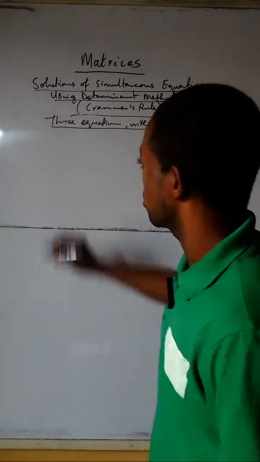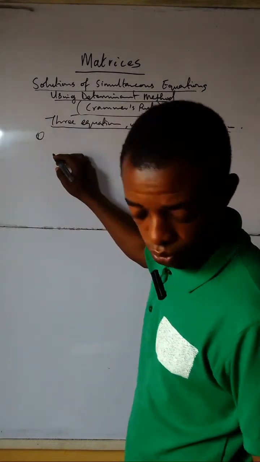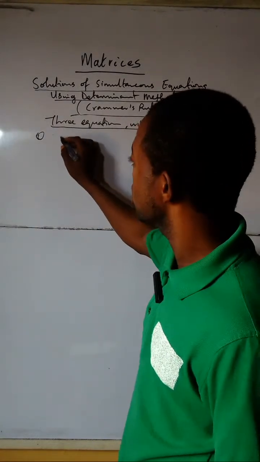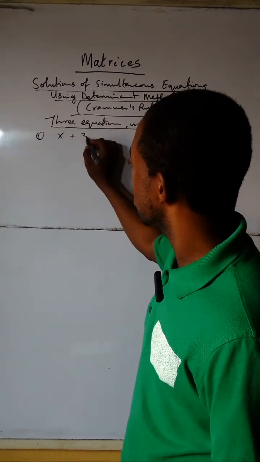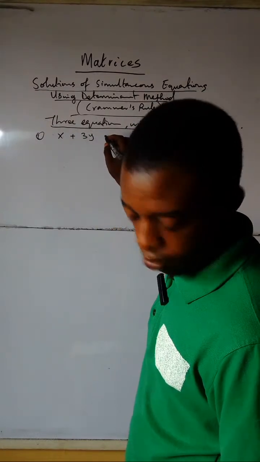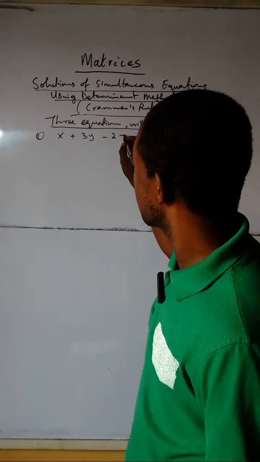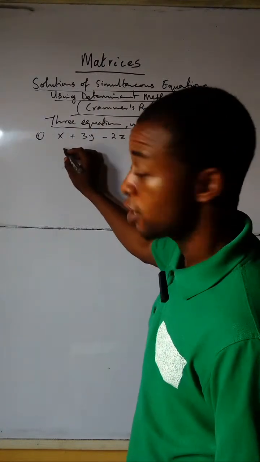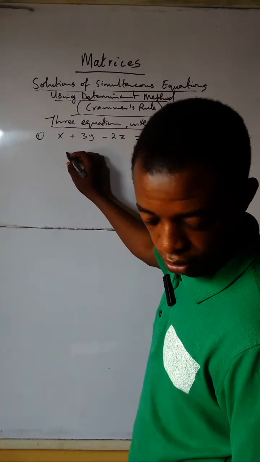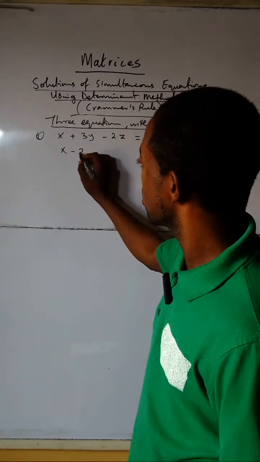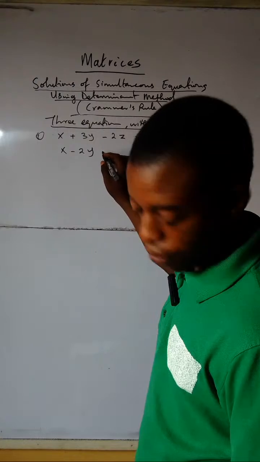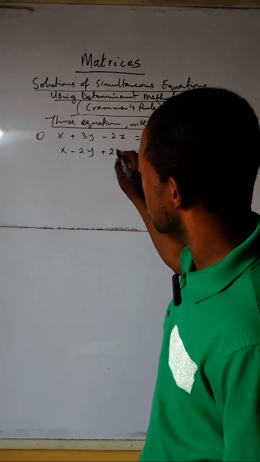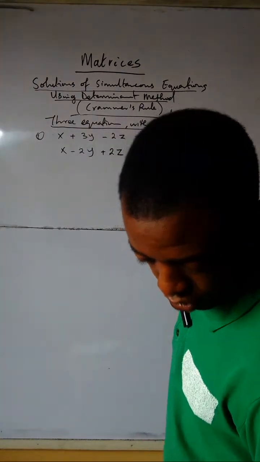The first one from here, we have x plus 3y minus 2z equals 1. And also we have x minus 2y plus 2z equals 3.